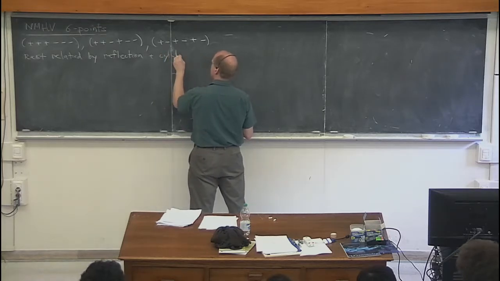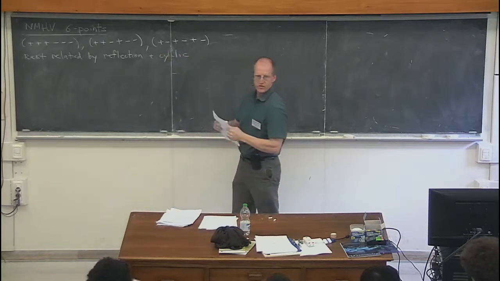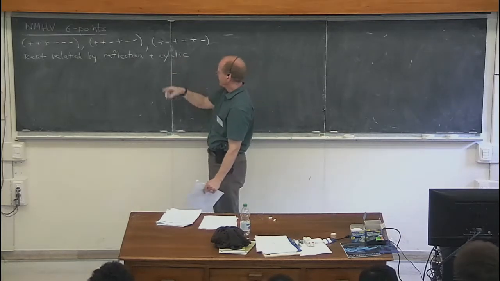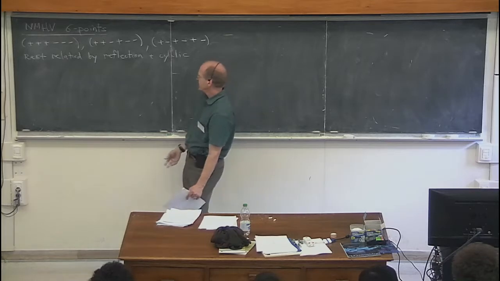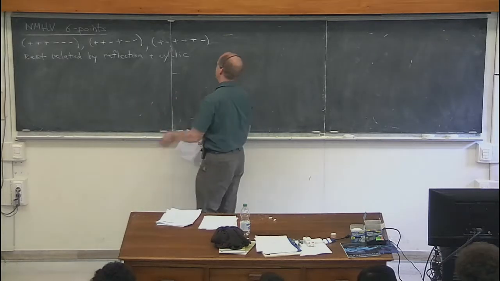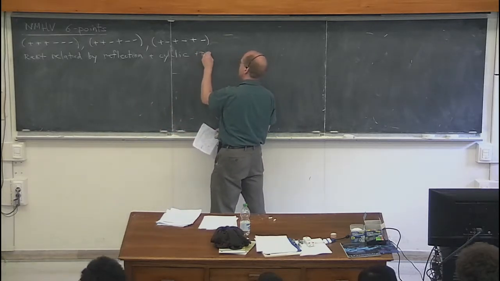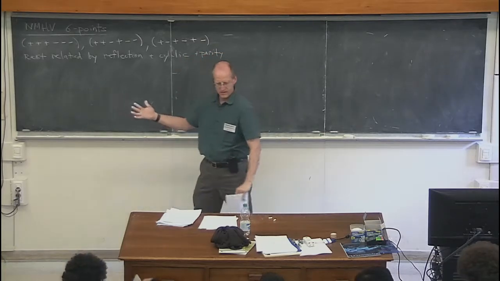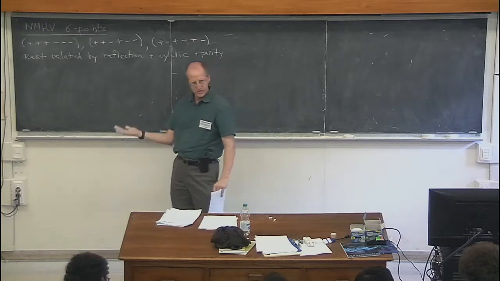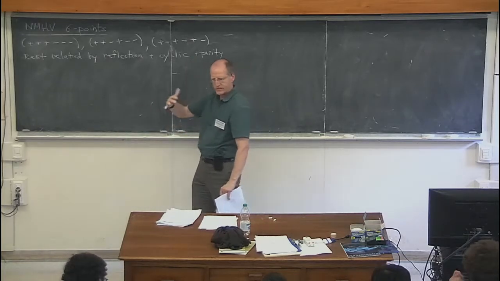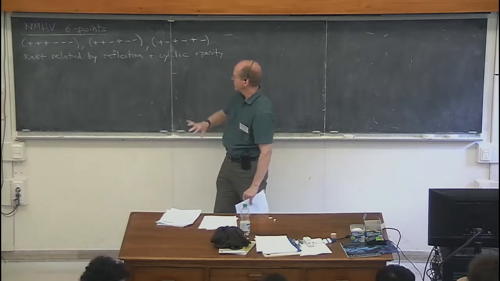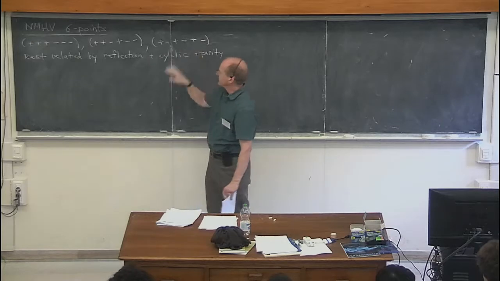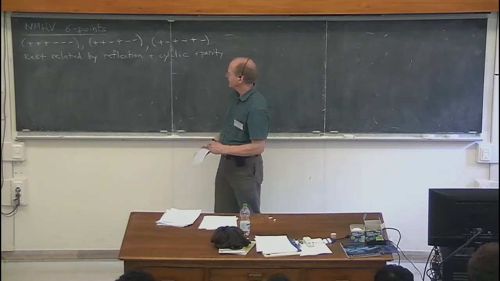Remember, these color-ordered amplitudes have a cyclic symmetry because they're coefficients of traces, which are cyclically invariant. So you can cycle things around. You can also use parity if you want to exchange plus and minus. And you can reflect: when you flip the whole diagram over, you get a minus sign for each vertex. If you have a 6-point amplitude, you get an overall plus sign. Anyway, using all those symmetries, there are only these 3 contributions.